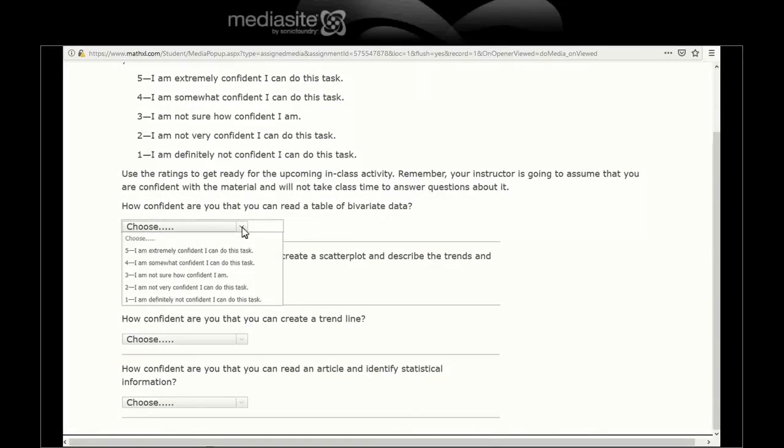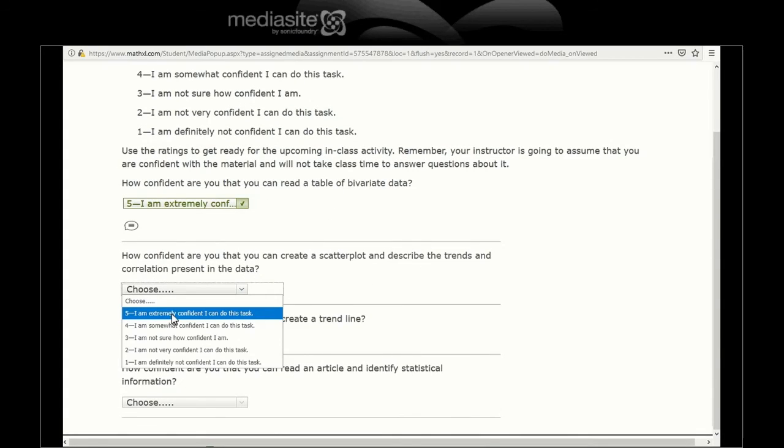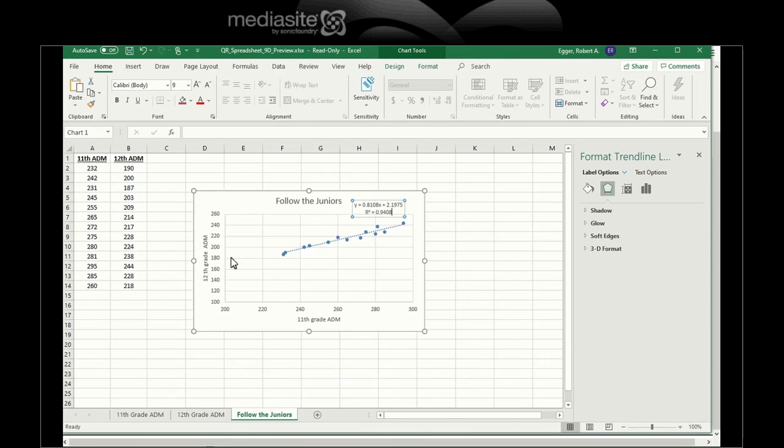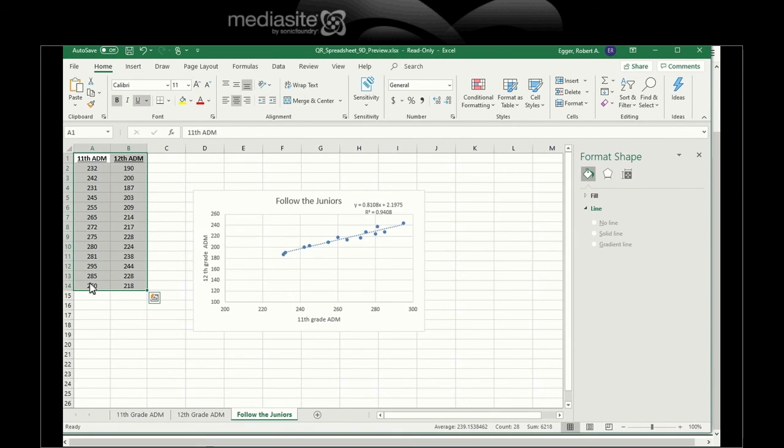Okay, can you read the table? I think so. Can you create a scatter plot? When you go back and do the video, I do recommend playing with the Excel features. It's very easy to do scatter plots. If you have bivariate data, the first will always be the X, and the next will be the Y data.